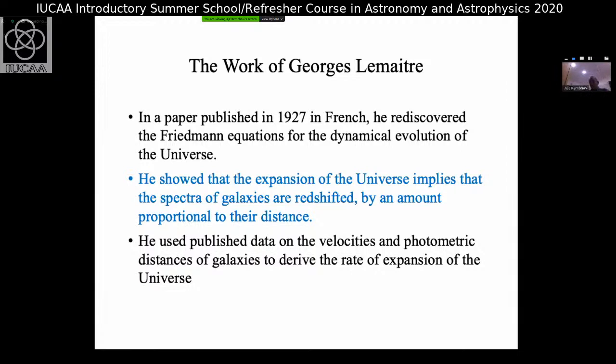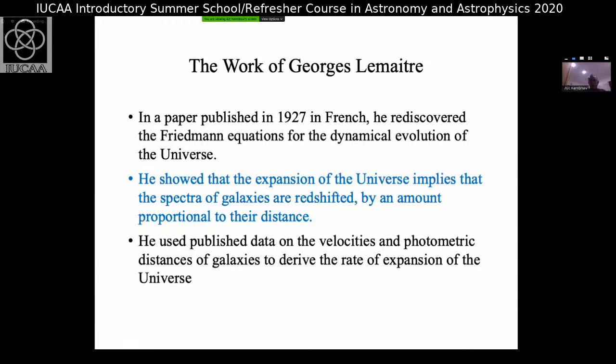He was in communication with Hubble, and it is believed that in one of the early International Astronomical Union General Assemblies, he actually met Hubble and discussed the matter with him. Then Hubble published his work, but there is no reference to Lemaitre's results there. Lemaitre was asked to translate his paper into English, and it appears in the Monthly Notices.